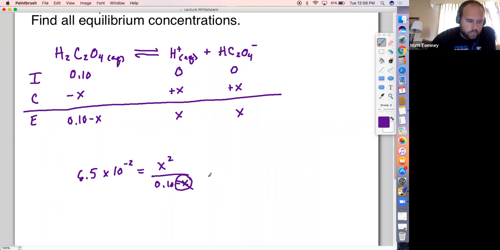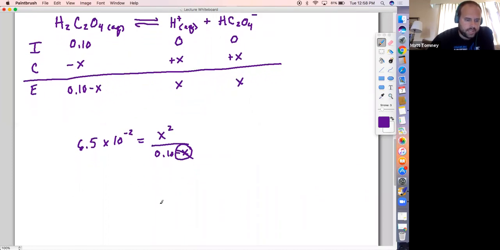And what I end up with then is using the 5% rule. So all I have to do is multiply 0.1 to the 6.5 times 10 to the minus second. That's just going to change the exponential placeholder. So I end up with 6.5 times 10 to the minus third, because I multiplied by 0.1, and that's equal to x squared.